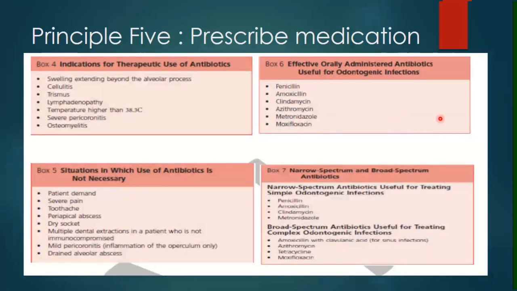When we give antibiotic for these two medications, we should not extend beyond 7 days, or maximum 10 days, no more. So ask the patient to take 1 tab or 1 cap, 3 times a day for 7 days. So it's going to be a maximum of 21 capsules or 21 tabs, no more.